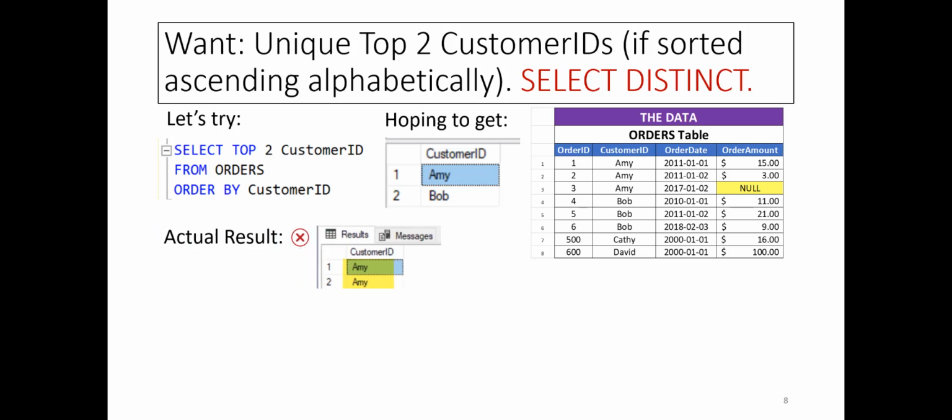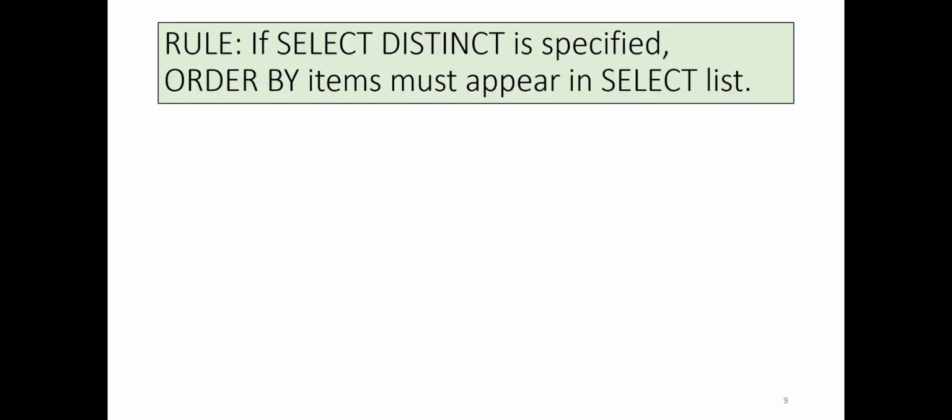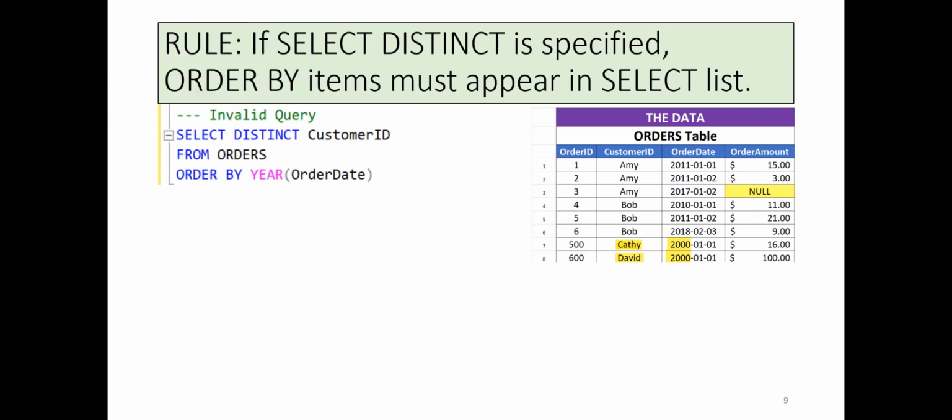But the actual result contains repeated values. To fix the issue, select distinct must be used. If you use select distinct, then order by attributes must be in the select distinct list.